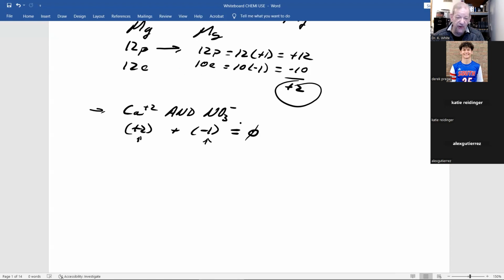Students try to, and it's always wrong. You can't. But I can change how many of them. If I have 2 of the nitrate, that will be a -2. This is a +2. Yay, we get 0. So how do we write that? We have 1 calcium. But when we have more than one polyatomic ion, you put it in a bracket. Inside the bracket, the polyatomic ion, and to the right superscript, how many? In this case, 2. And that's how you do it.